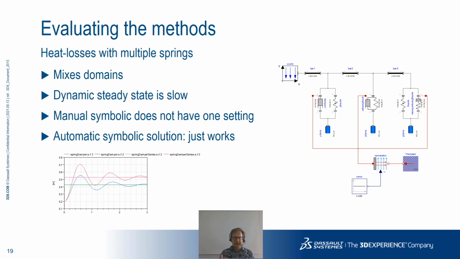And to do it manually requires some thought, because there's not one setting for this. Automatic symbolic solution, that just works, and you see there's a solid line in the oscillating graphs, and that is the symbolic solution that is just found automatically.